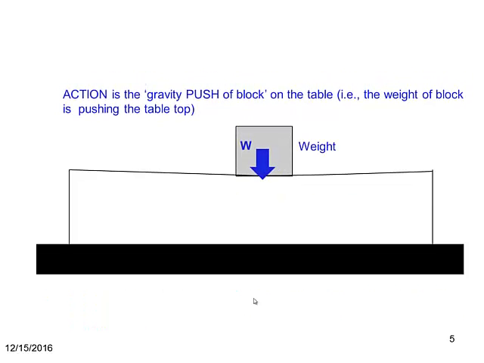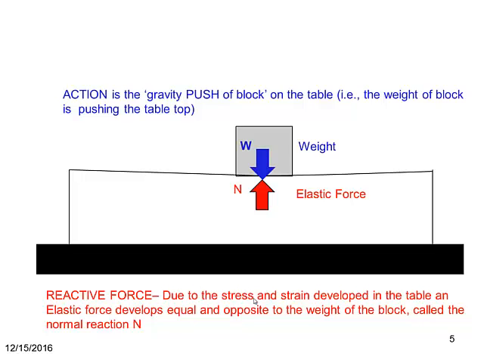This reactive elastic force is called the normal reaction N from the surface, which is perpendicular to the contact area. If the table is made of soft material, the deformation will be more. If the reactive force is insufficient to balance the action, the table may collapse due to this action.